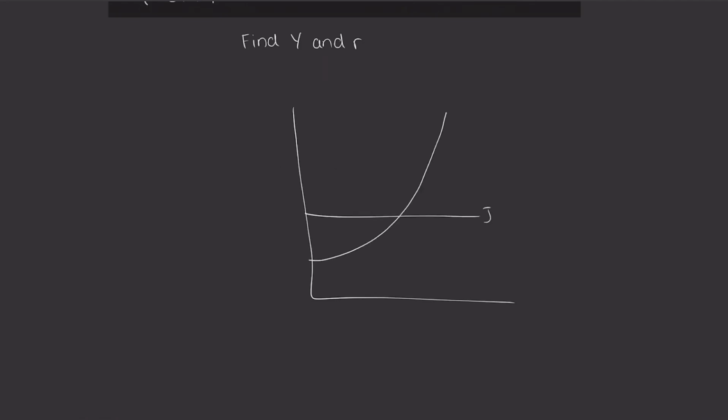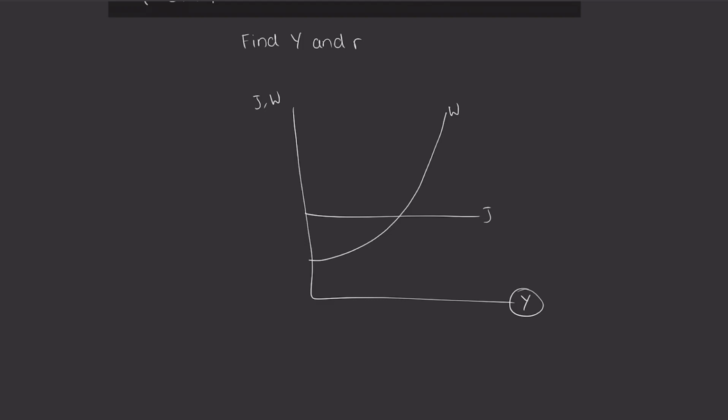The reason why injections is perfectly elastic, or horizontal, is because on the axes we can see that it's national income or total output, right? And the injections of an economy in the goods market aren't directly affected by output.